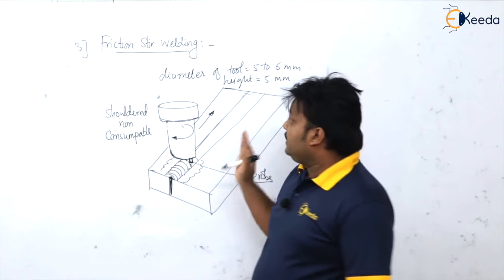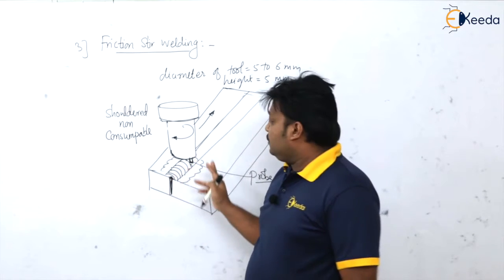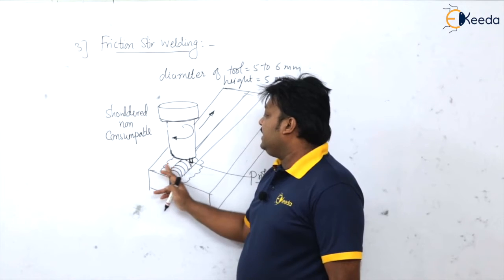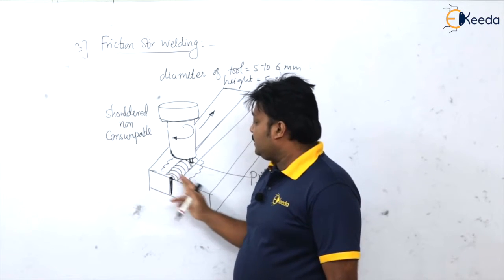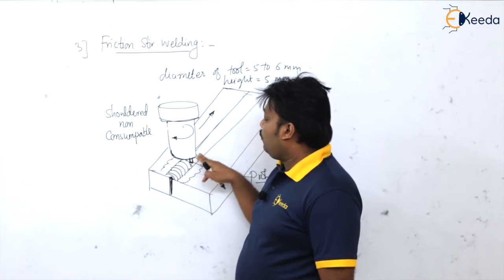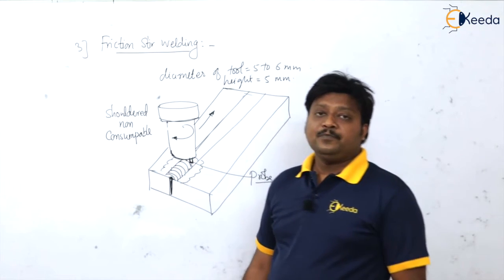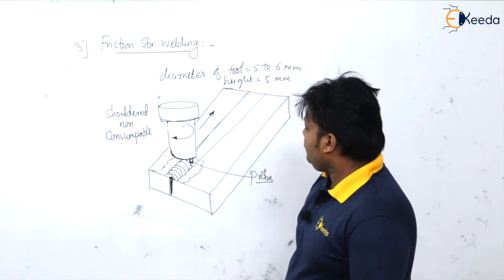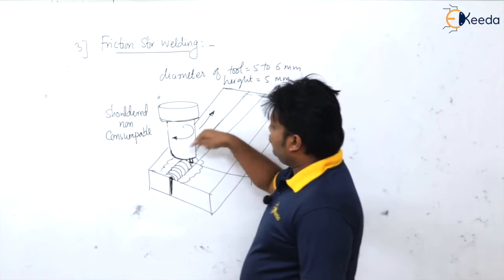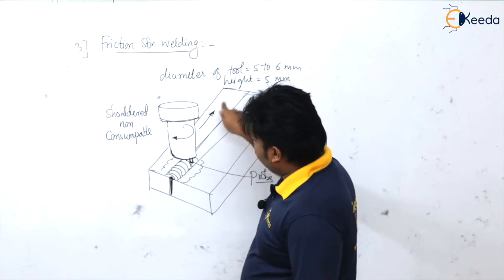So in friction stir welding, the third body does the rubbing action onto the surface of the plates or parts to be joined. Here, this is the tool which is rotating, and this is the direction of weld.